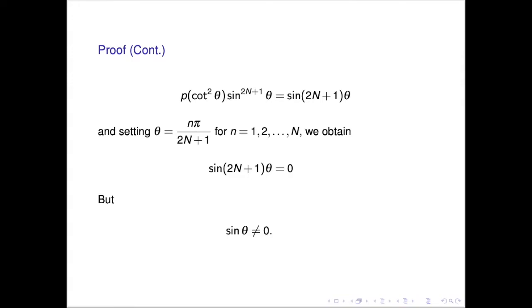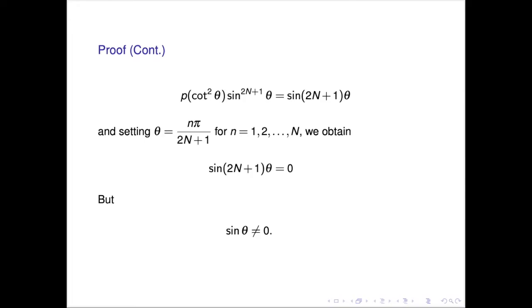So if we allow little n to range between the values 1 and capital N and set theta equal to nπ/(2N+1), then for all these values of little n, sin θ will never be 0 because nπ/(2N+1) always lies in the open interval 0 to π/2.